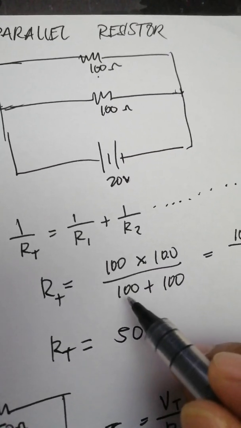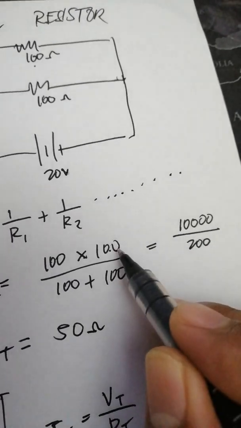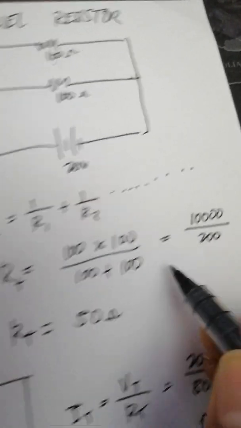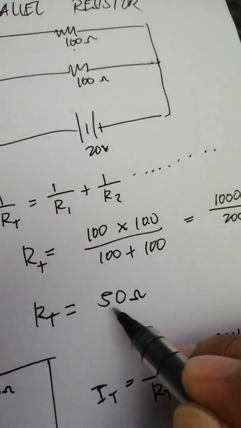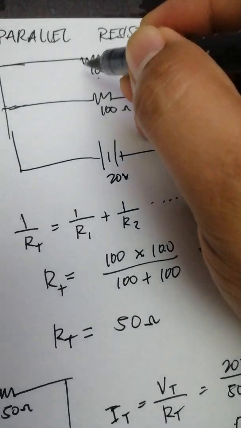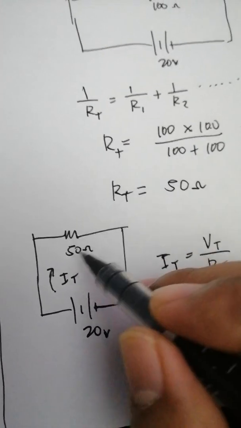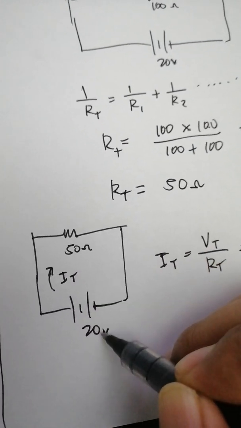Then divide them by their total. So 10,000 divided by 200. We come up with 50 ohms. That's the total resistance of this one if we combine them together. The simplified form of this circuit is here: 50 ohms, 20 volts.